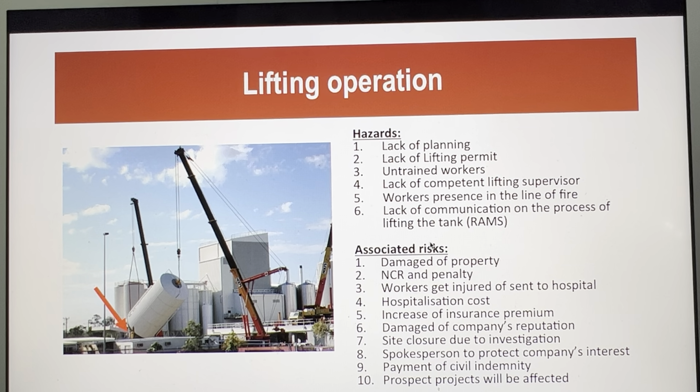Lifting operations, lack of planning. If you don't have a lifting plan and if you don't have a lifting permit, that is a hazard. That means it was not properly inspected. The calculation is not properly verified. Untrained workers, lack of competent lifting supervisors, workers' presence in the line of fire. What do you mean by this number 5?